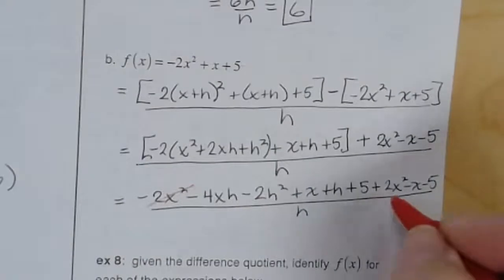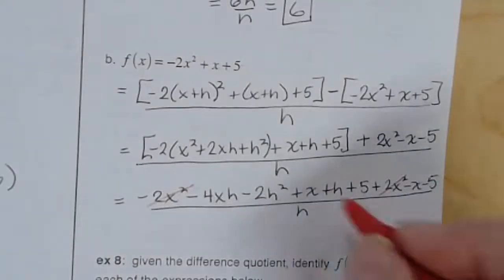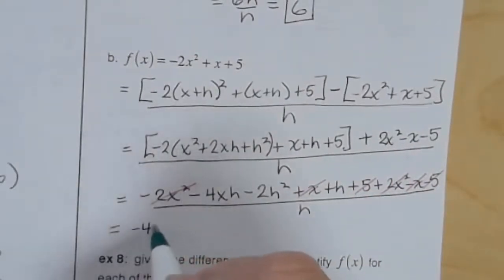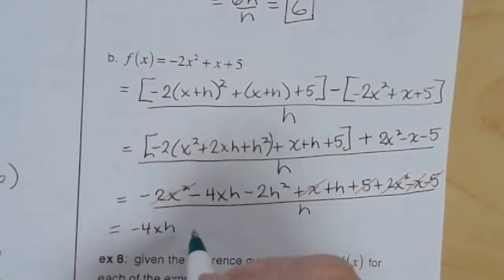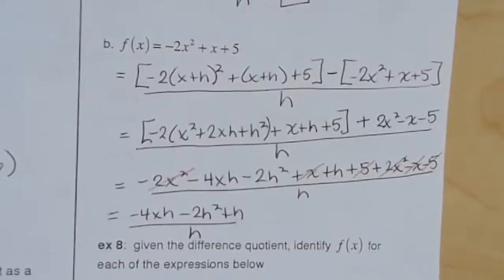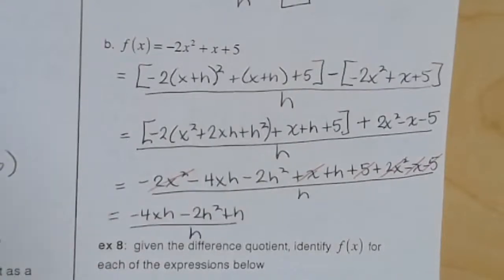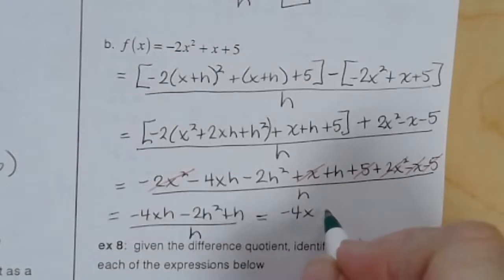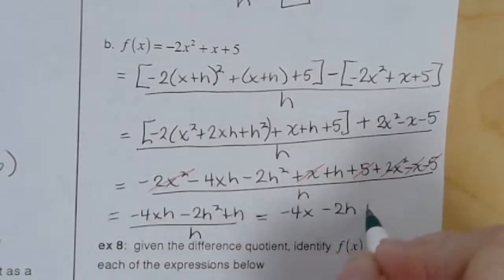So, negative 2x squared, positive 2x squared. x, negative x. 5, negative 5. So what I'm left with is negative 4xh minus 2h squared plus h, over h. What do all of those have in common? An h. So I can divide all of them by h, and I get negative 4x minus 2h plus 1.